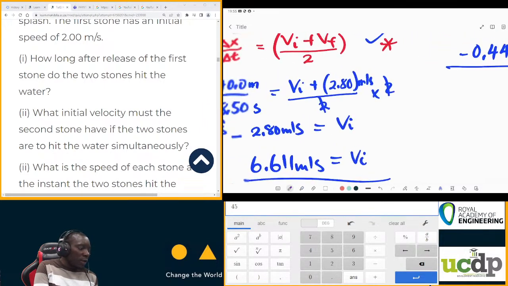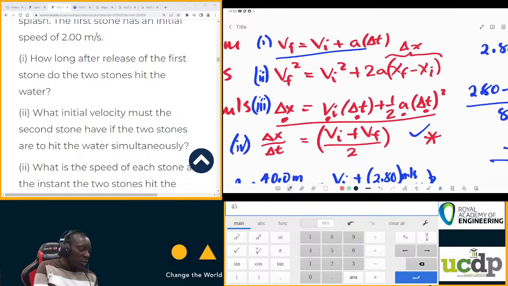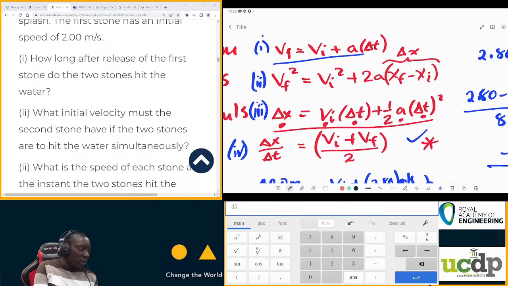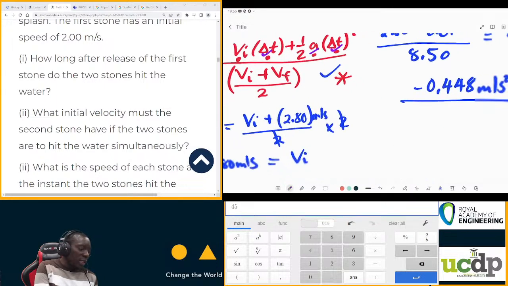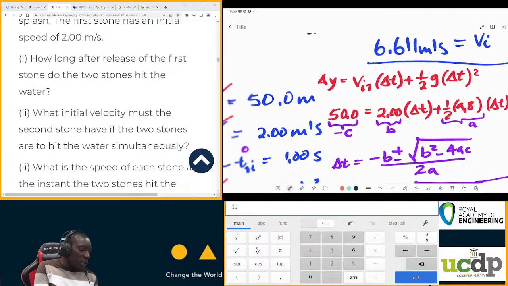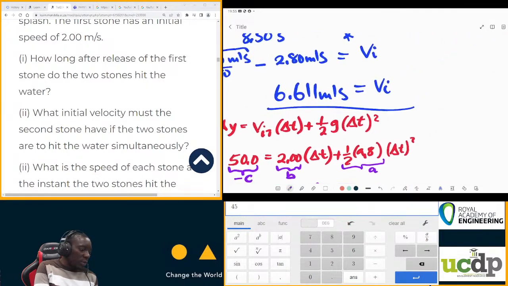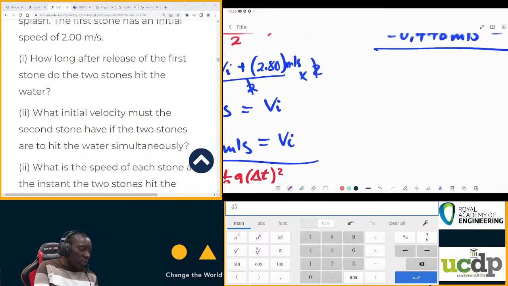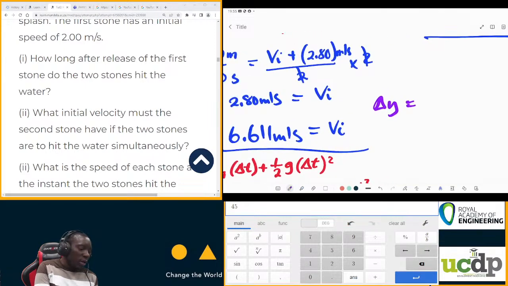It still travels through 50 meters, so we have displacement. We don't know the final velocity, but we have displacement, time, and acceleration. So we go to the same equation, which we said is delta y equals v1 initial times delta t plus half g t squared.